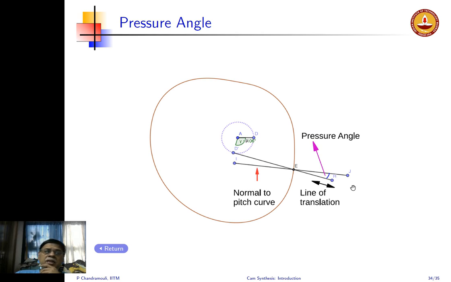Since it is offset at every point, this is called an offset circle. The translation axis is tangent to the offset circle. So the angle between the translation axis and the normal to the pitch curve is defined as the pressure angle.